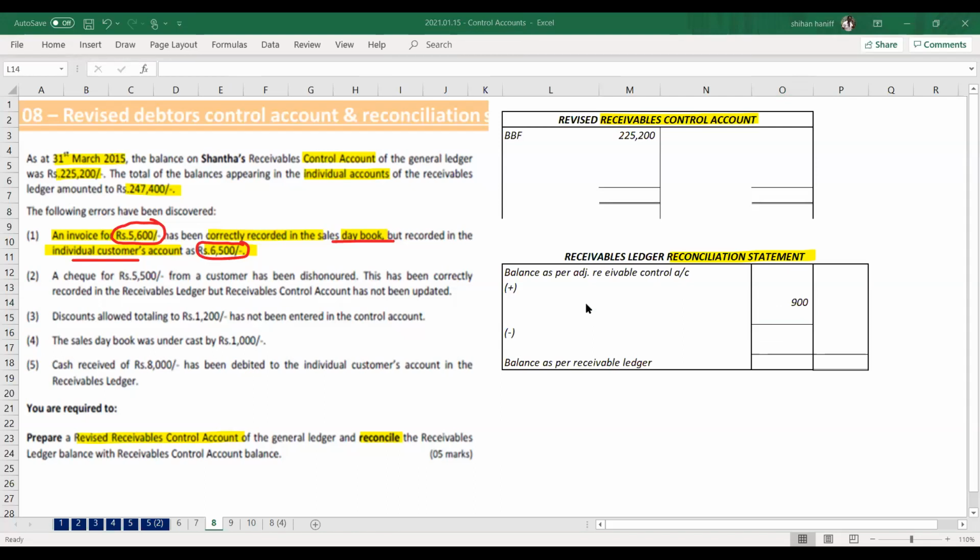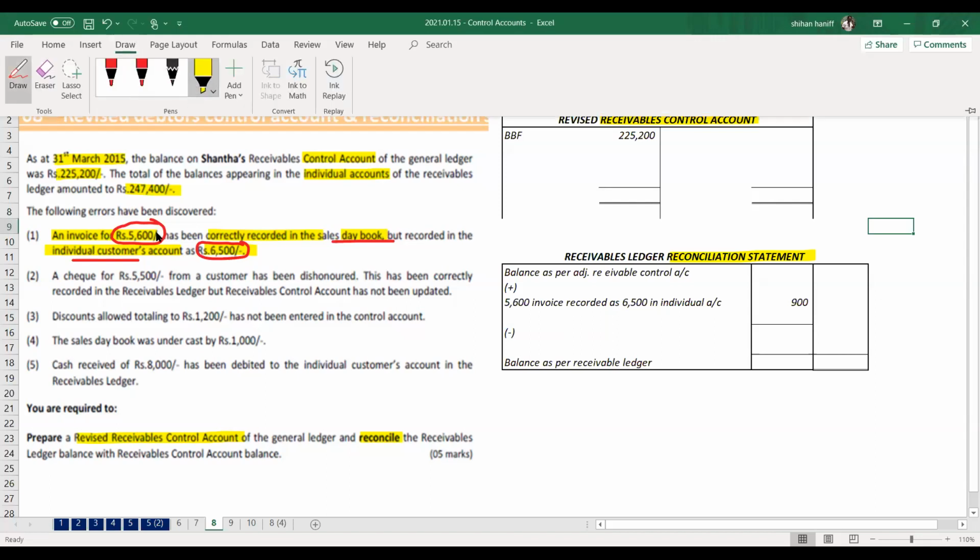We added the 5,600 invoice recorded as 6,500. 5,600 is recorded as 6,500 in the individual account.